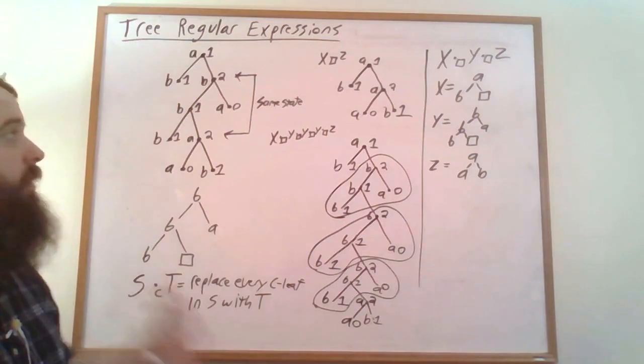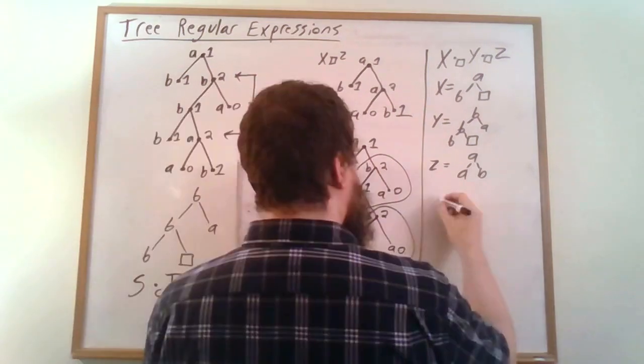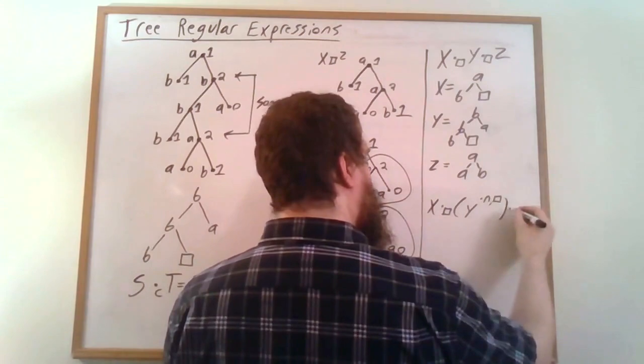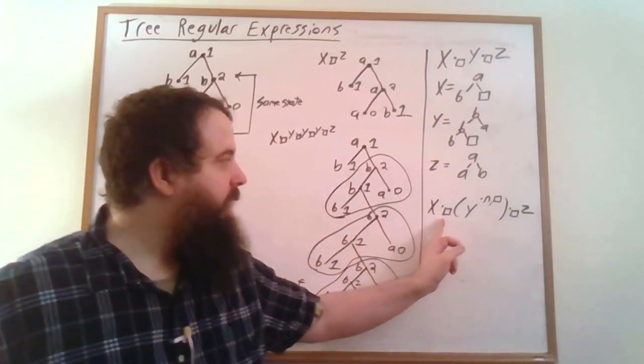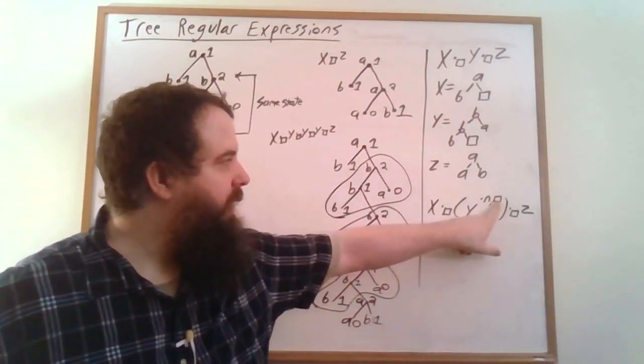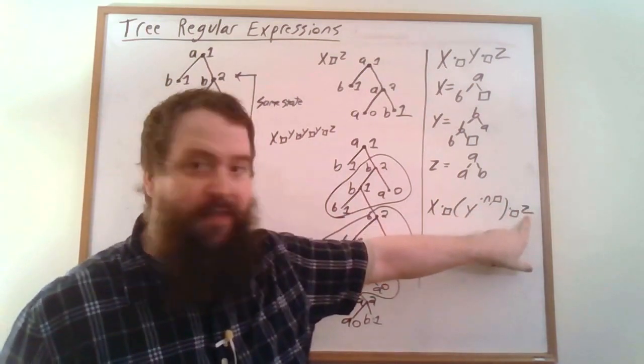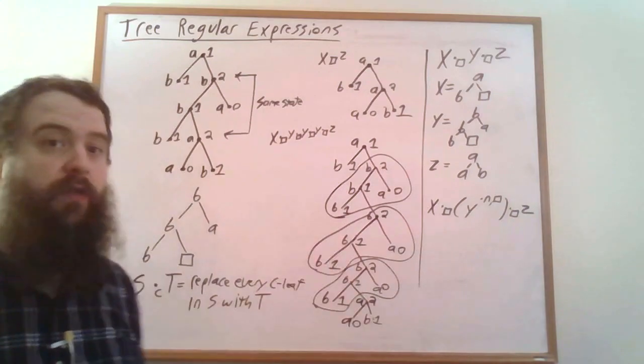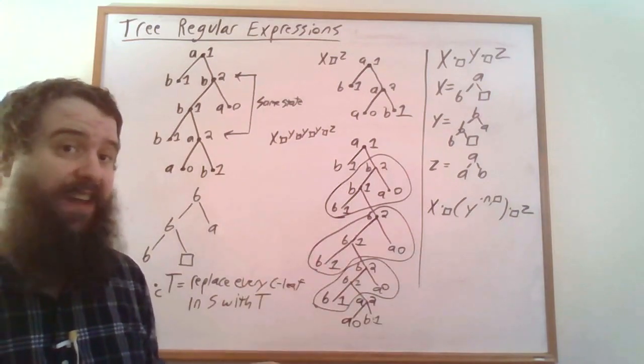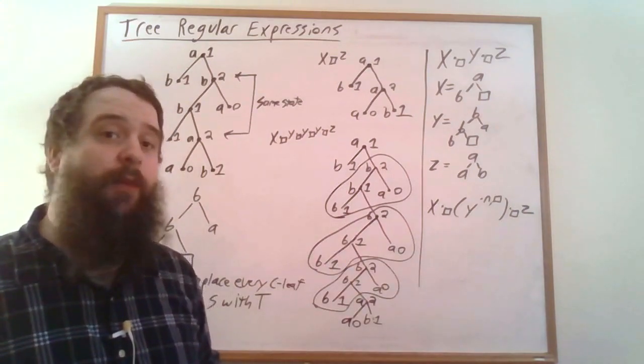And in particular, we're going to want to say that X box concatenated with Y box concatenated with itself n times box concatenated with Z is in the language for any non-negative integer n. And this is exactly what we were hoping for.